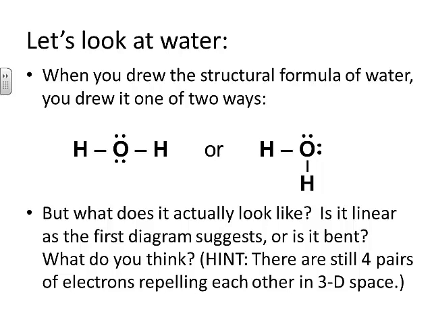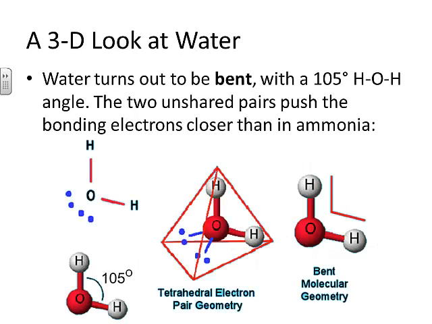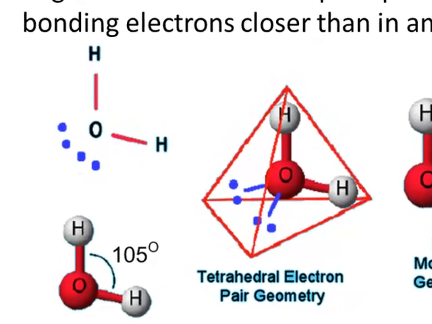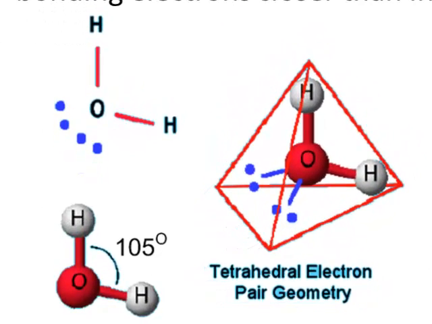Now remember, there are still 4 pairs of electrons repelling each other in 3-dimensional space. 2 non-bonding pairs and 2 bonding pairs. So if we put those 4 pairs going towards the corners of a tetrahedron, we can see that we do have a hydrogen-oxygen-hydrogen bond angle that is not going to be 180 degrees. It's not going to be linear because you have those 2 unshared pairs repelling each other as well as repelling the bonding pairs.